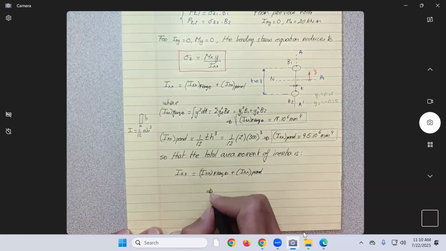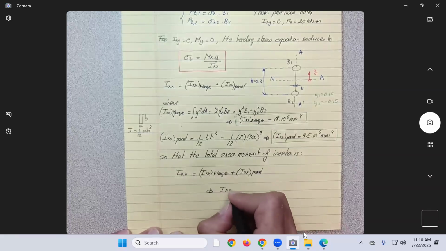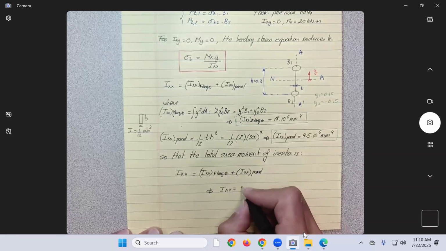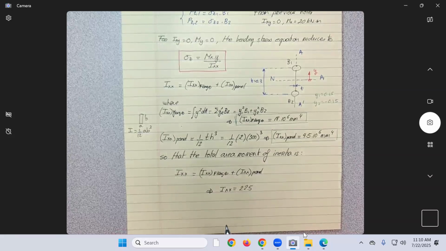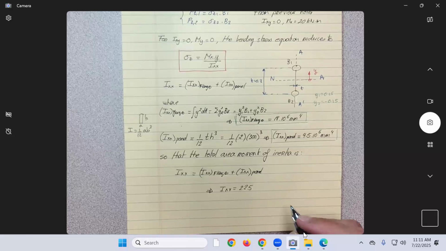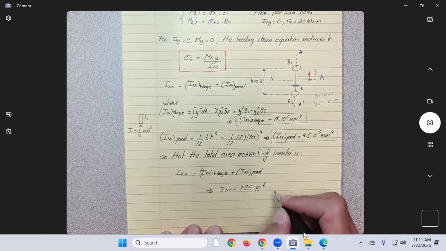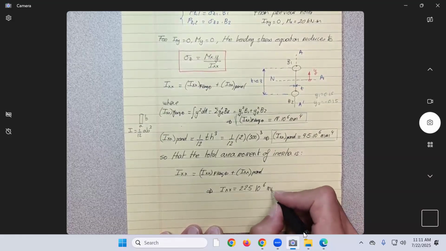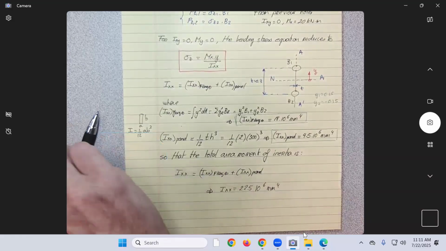This is going to give you an IXX of 22.5, I guess I forgot the 10 to the 6 on my original notes, so 22.5 10 to the 6 millimeters to the 4.